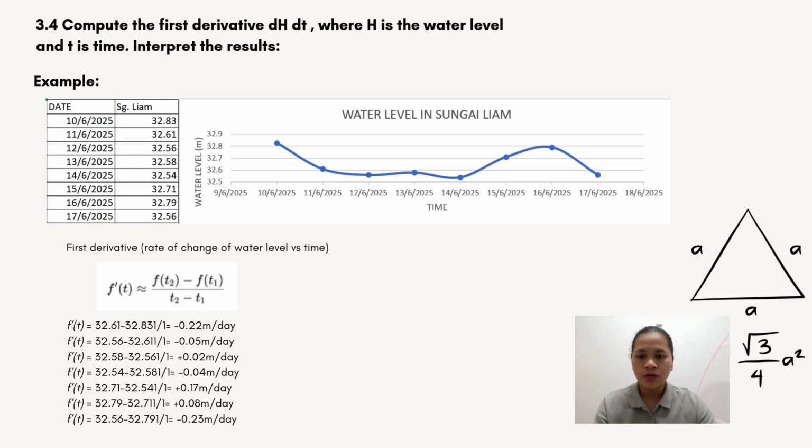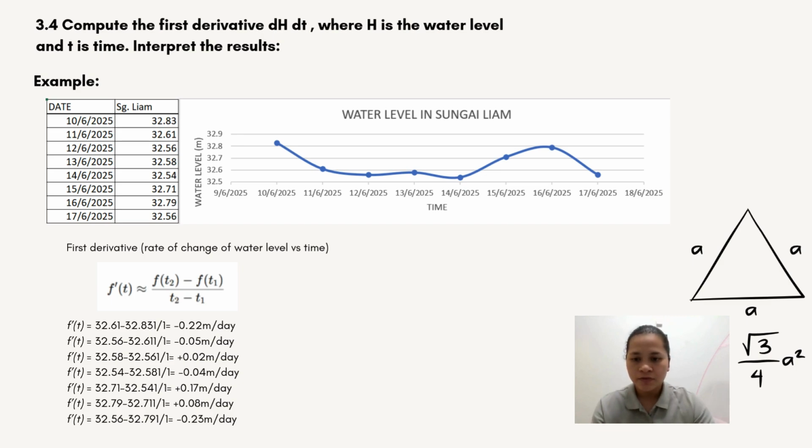In this slide, I would like to explain how to compute the first derivative dH over dt, where H is the water level and t is time. It already shows the graph of water level and the date for 7 days, giving 7 different results of water level for Sungai Liam.